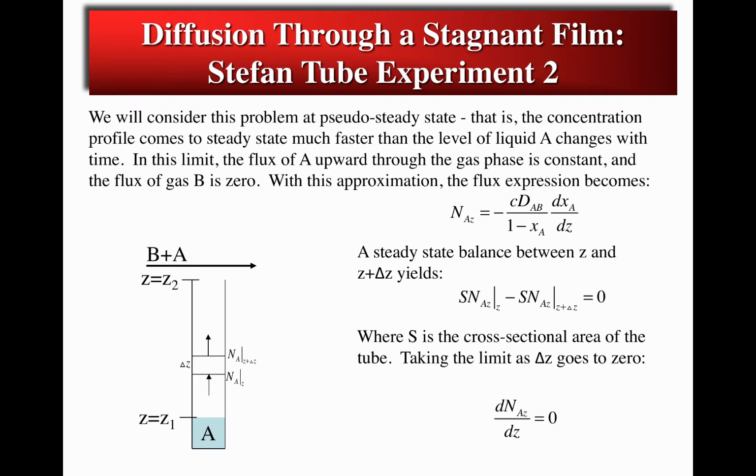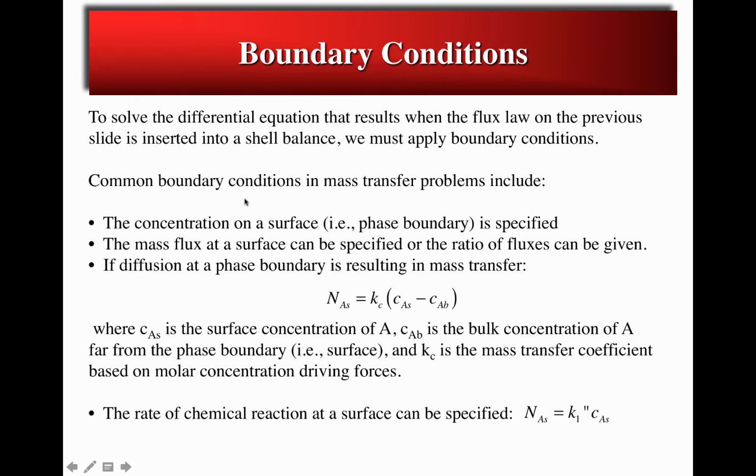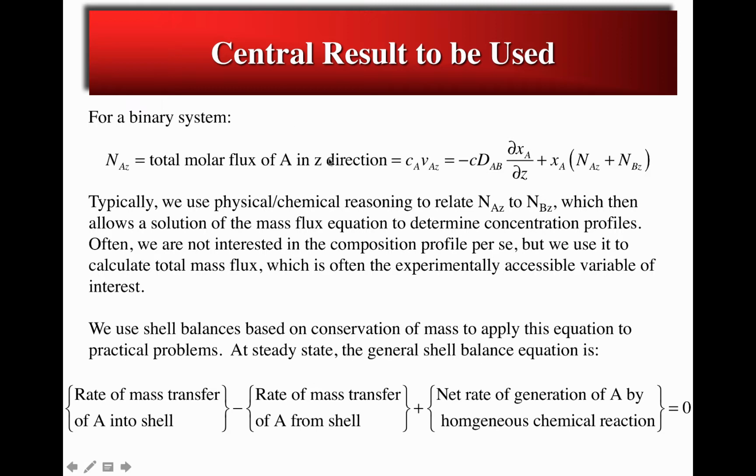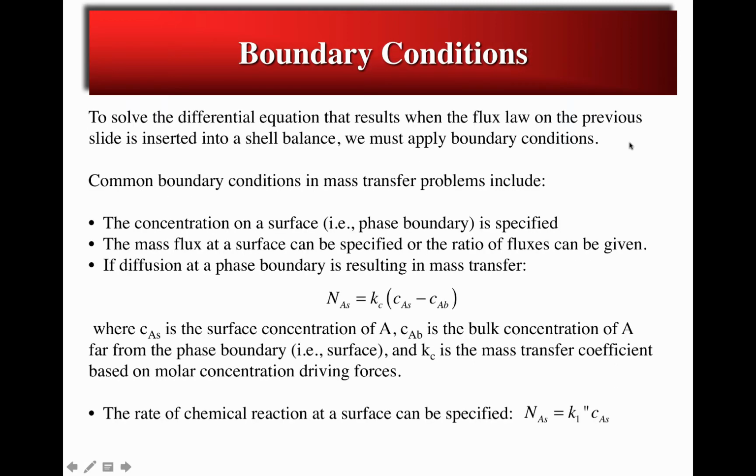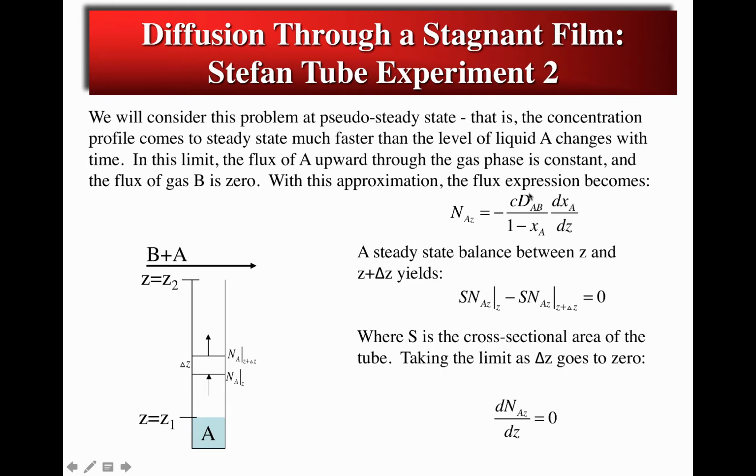But for purposes of this analysis, we will set the flux of B to 0, and if we then go back to our molar flux expression and set the flux of B to 0, the result that we have is shown here. So we've simplified that molar flux expression.